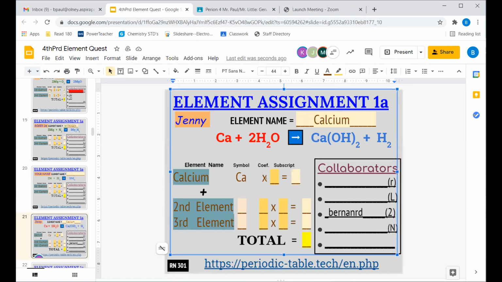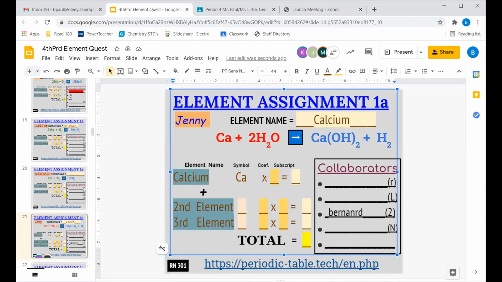Juan, do you agree or disagree? I agree. Okay, so what is the coefficient, Bernard, for calcium?